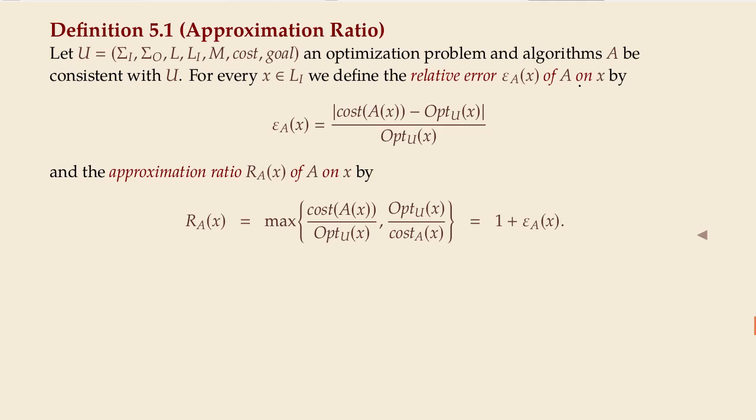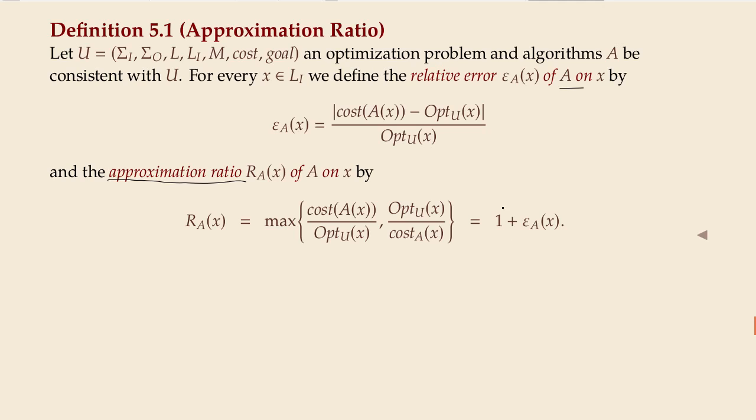That's what we're looking for in the approximation regime. So we define the relative error of this algorithm on a specific instance as just the difference to the optimum, but divided by the optimum value, so that you normalize. It's the normalized difference to opt. And a number that's a bit nicer to handle is the approximation ratio. And that's also what you find in the literature. This is the number that we usually use to judge the quality of an approximation algorithm. You take just 1 plus the relative error, so that you always have a number greater than 1.